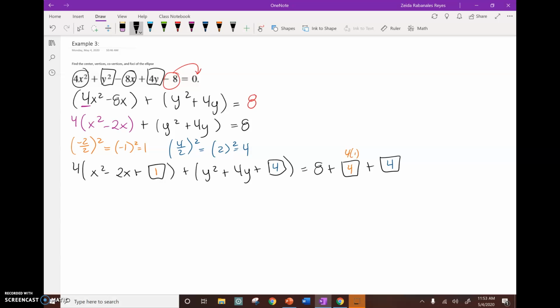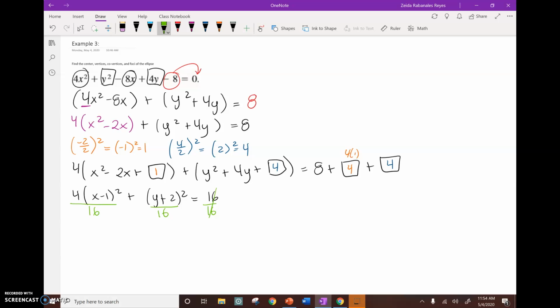And now we can factor. So then I have 4 parentheses x minus 1 to the power of 2 plus y plus 2 to the power of 2 is equal to 16. You need to have a 1 on the right hand side. So divide by 16, divide by 16, divide by 16.